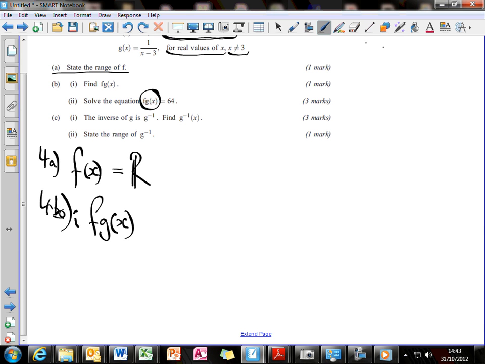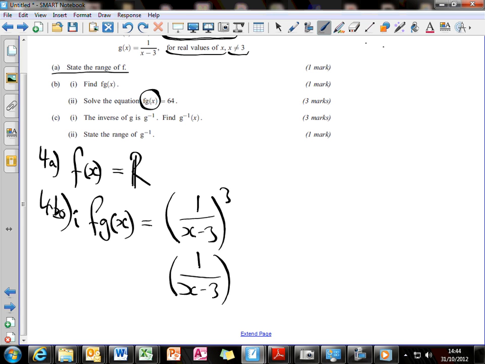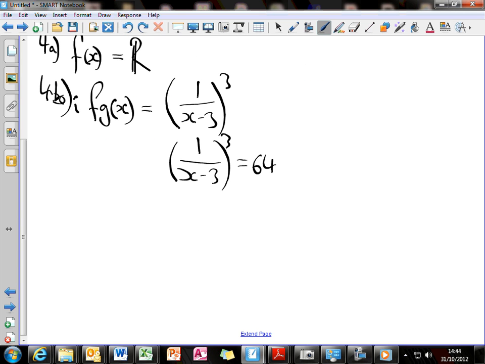So g of x is 1 over x minus 3, and f is x cubed, so it's going to be all of that cubed. So when fg of x equals 64, what we're saying is that 1 over x minus 3, cubed, we're going to put it equal to 64, and we're going to try and find the value of x that satisfies that.